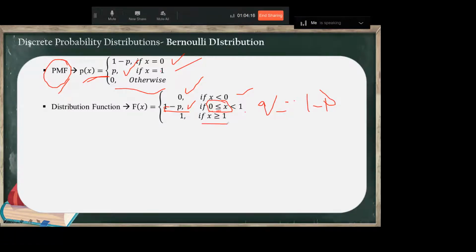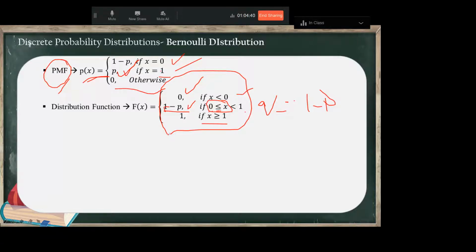And here, because we're not considering greater than 1, but equal and greater than 1, so we know when it's equal, the probability is p. So that's why we define the function in such a way, 0, 1 minus p, or in this way. Do you understand?